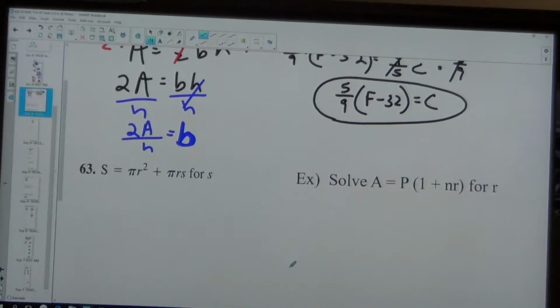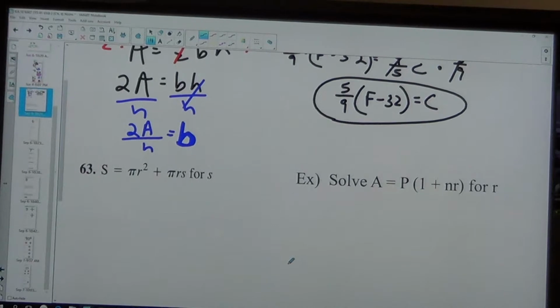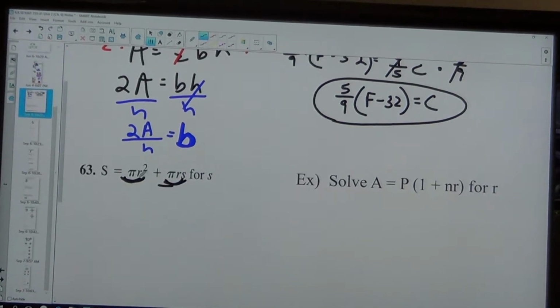All right, we want to get S by itself. We got a couple and a threesome. We got a twosome and a threesome. We want to get S by itself.